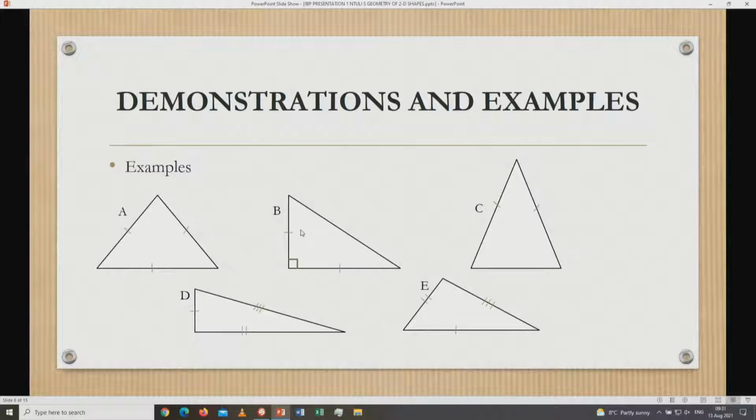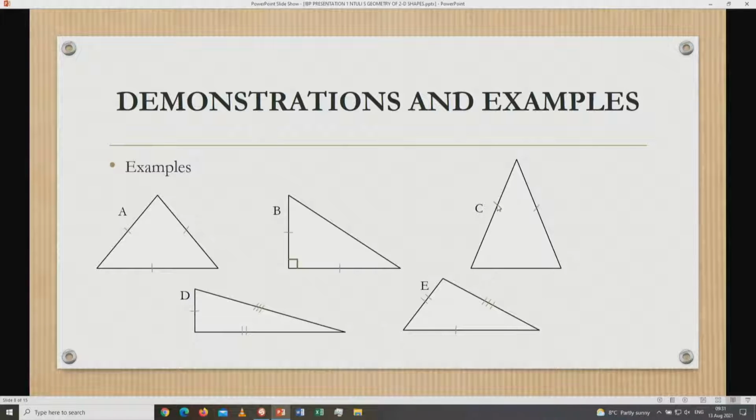In triangle B, we can see there is this line, and this line, and a small square formed here. And there is a mark here, and also a mark here. Those markings, together with this small square, have a meaning behind them.